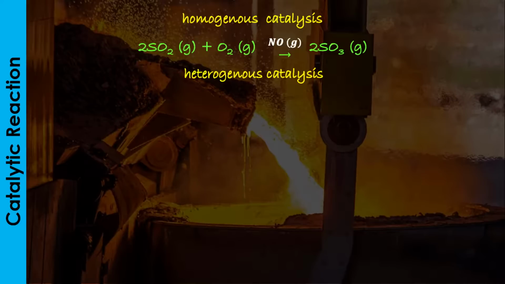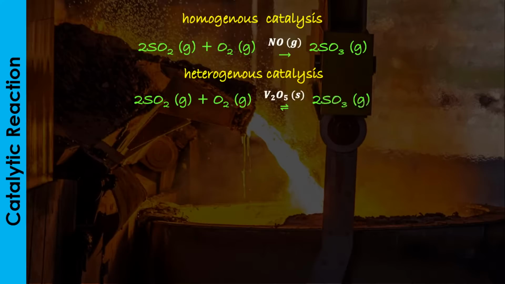In heterogeneous catalysis, the reactants, products, and catalysts are not always in the same physical state. Example is the same reaction between SO2 and oxygen to form SO3, but in the presence of vanadium(V) oxide. You can see here that while the reactants and products are in the gaseous state, the catalyst is in the solid state. Most catalytic reactions are heterogeneous catalysis.